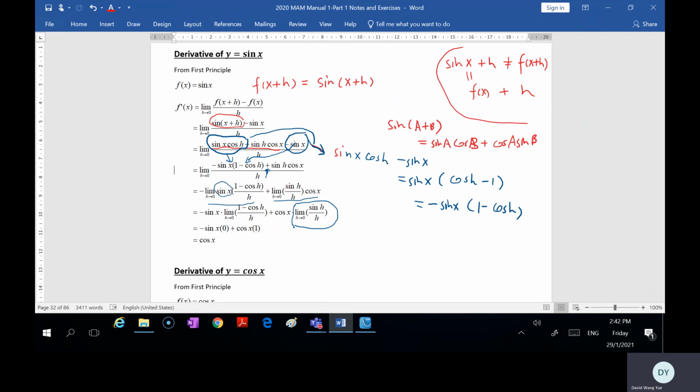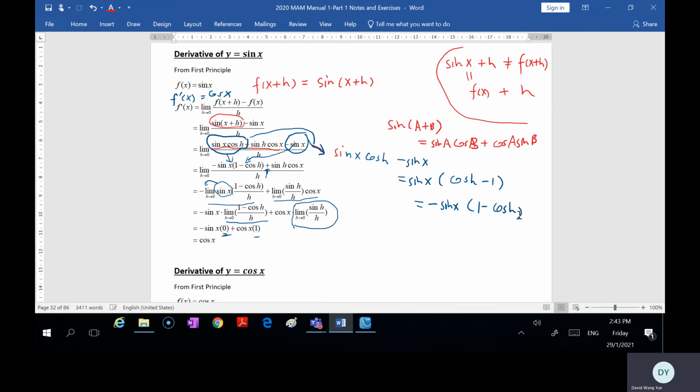So this sine x also goes out, becoming minus sine x times the limit of (1 minus cosine h) over h. As we know, this one has a limit of 0, and this one has a limit of 1. So we have negative sine x times 0 plus cosine x times 1, which is just cosine x. So we prove that when f(x) equals sine x, the derivative of sine x is cosine x.